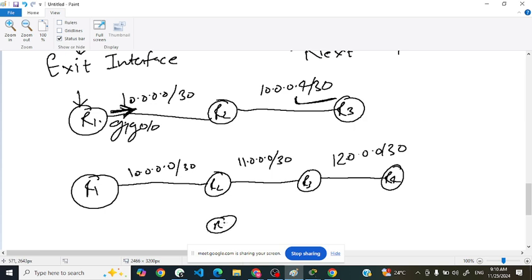Let's suppose a router is also present here. Two paths are available here to reach from the 10.0.0.0 network to the 12.0.0.0 network. But I am giving the instruction to this R1 router: if you want to send any packet to 12.0.0.0, then you need to send the packet.